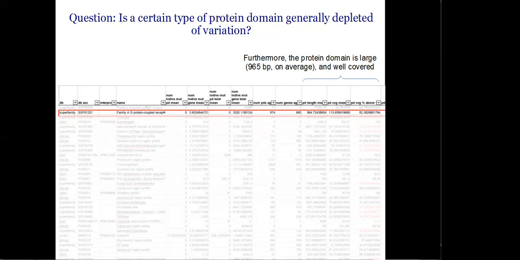And it's well covered. In the 1,000 Genomes data set, it was covered at over 100x in one individual, and more than 80% of the bases were covered at over 10x. So this is highly indicative that this type of protein domain is depleted of variation in the general population.